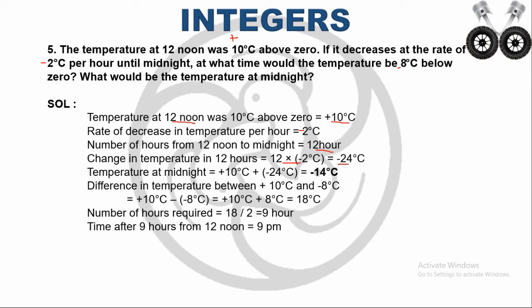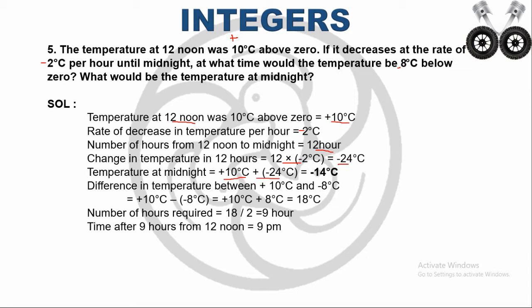Now we can find the temperature at midnight. So how can you find the temperature at midnight? That means you have to add the temperature at noon plus the change from noon to midnight. So the temperature at noon is plus 10 degrees Celsius. After noon, the 12 hours temperature change is minus 24 degrees Celsius.